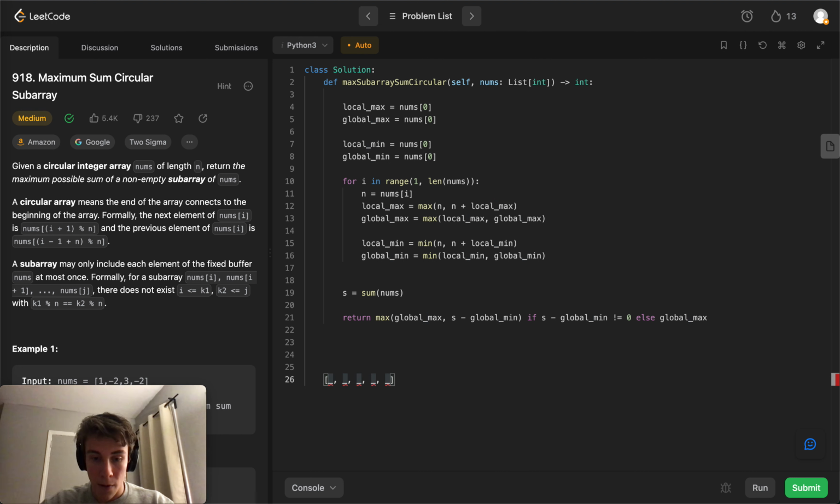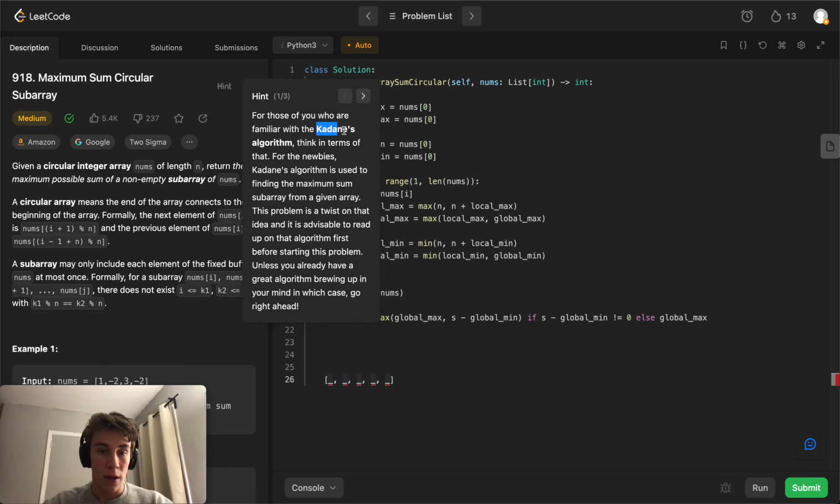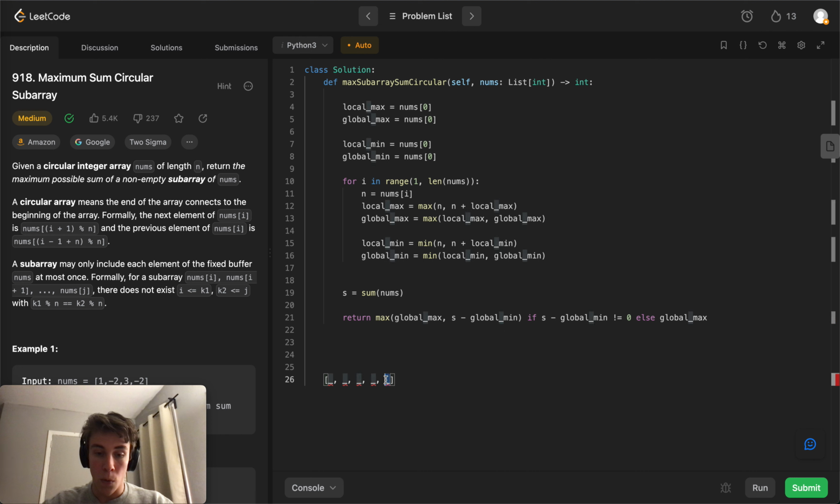For example, when we run the regular Kadane's algorithm, we would potentially figure out, if we run it this way, what is the max array ending at this index.